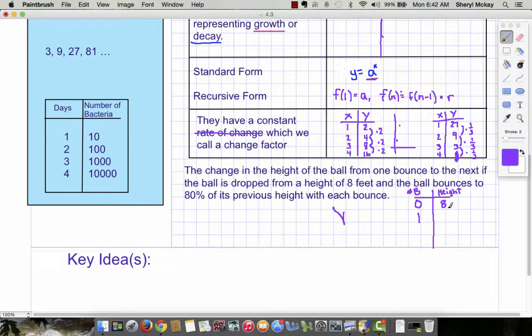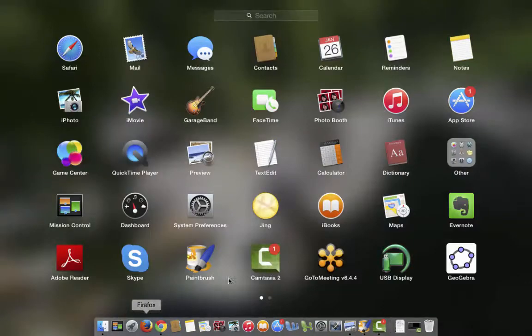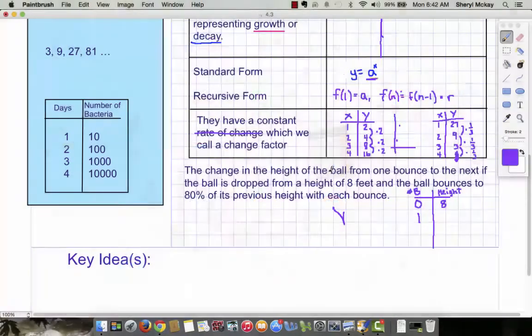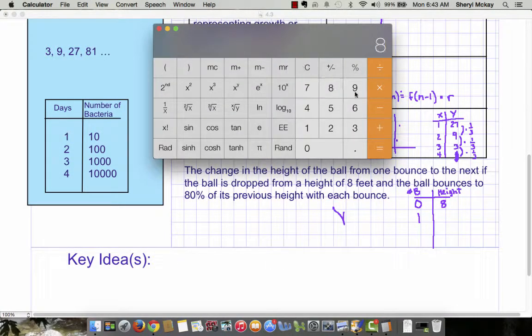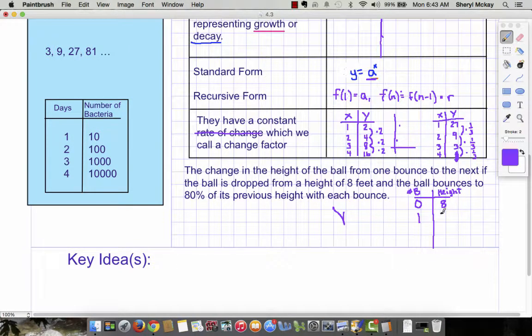So what's 80% of 8? Well, let me pull out my calculator quickly and do 8 times 0.8. And that's 6.4. So I'm going to write here 6.4. And what did we do? We multiplied by 0.8 because that's 80%. Okay?